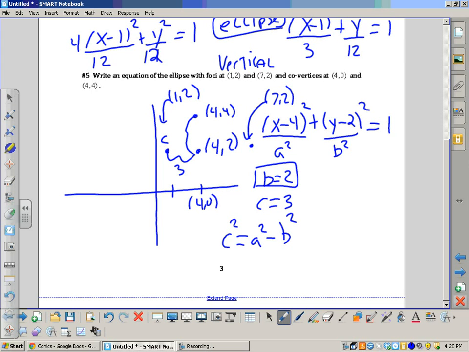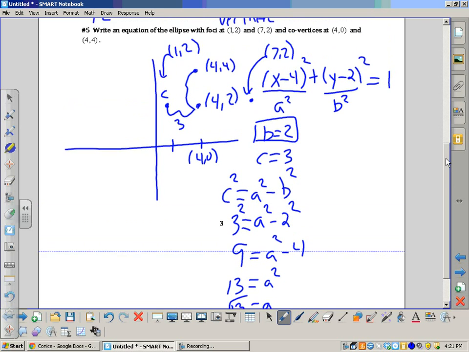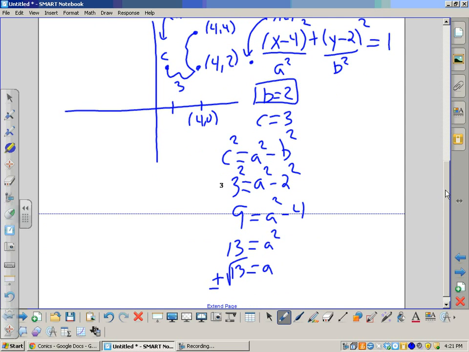If you use this equation for the foci, we can see that 3 squared equals a squared minus 2 squared. So a equals plus or minus root 13, and the root 13 is going to be our a. When we square that, we're going to get our final answer.